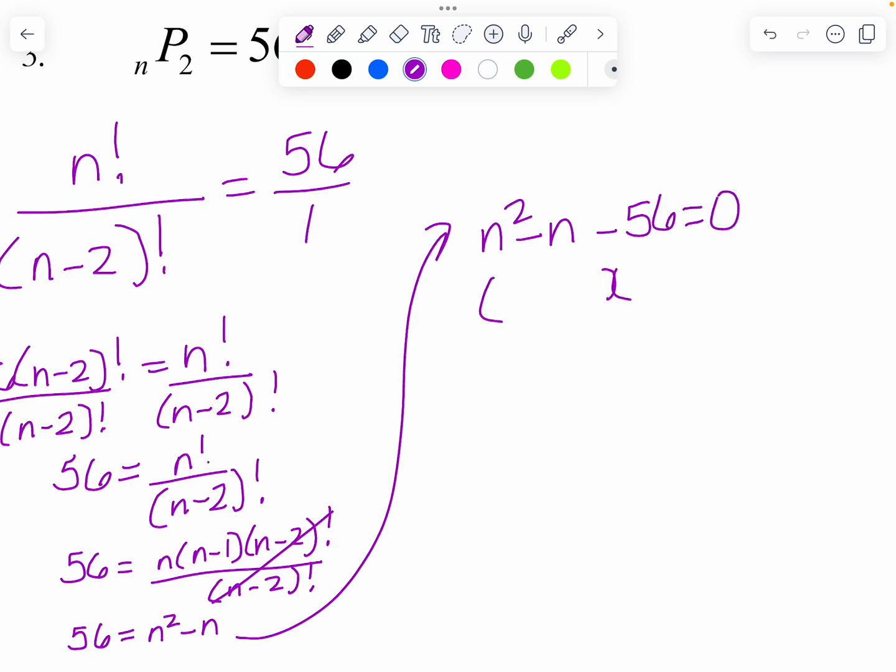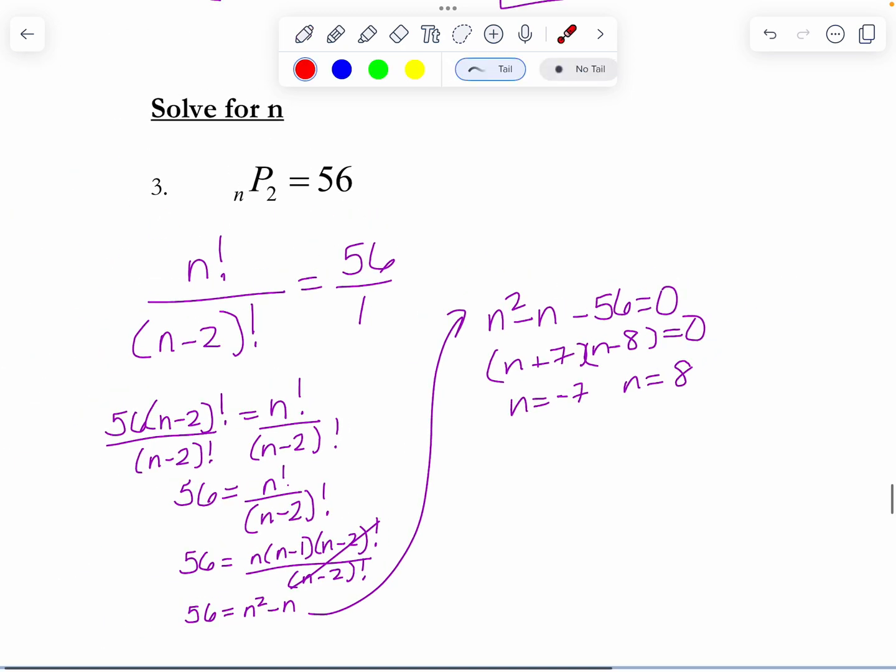I'm going to go ahead and factor: n and n, 7 and 8. 8 is going to be negative. So n would be negative 7, n would be 8. But remember, we're trying to figure out what n is going to be. Well, n is not going to be a negative number.